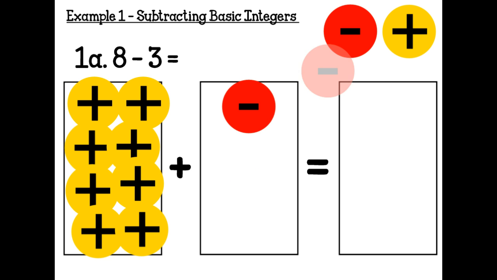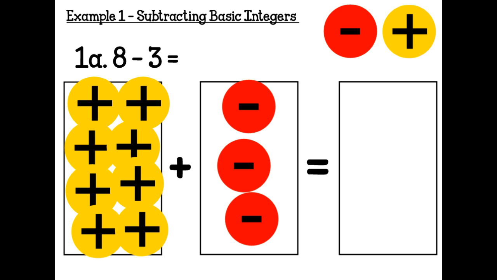So we pull out our negative 3 number cubes here. So we had 8 plus negative 3. So that's what we've demonstrated with our counters.